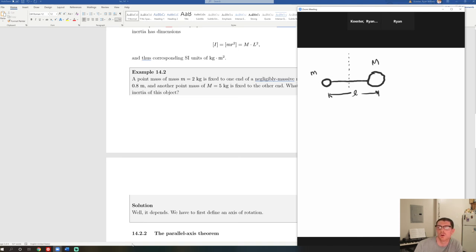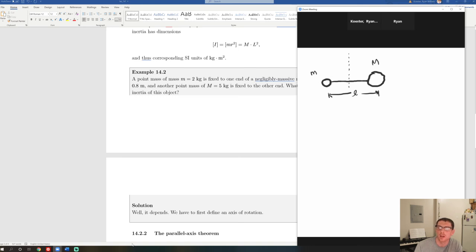So after this thing has spun for like 180 degrees, the big mass would be on the left and the small mass would be on the right. So try to visualize this. If you need to, you can take a pencil and twirl it around horizontally and get an idea of what this looks like. And the reason it's going to rotate this way is because of how we defined our axis of rotation.